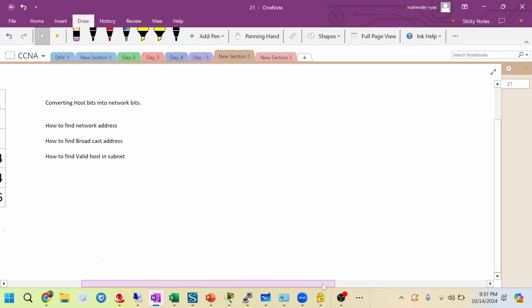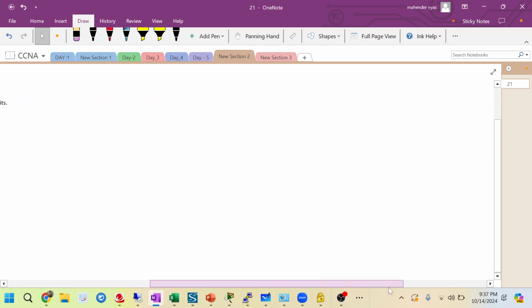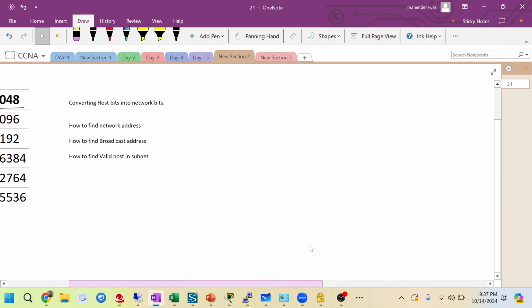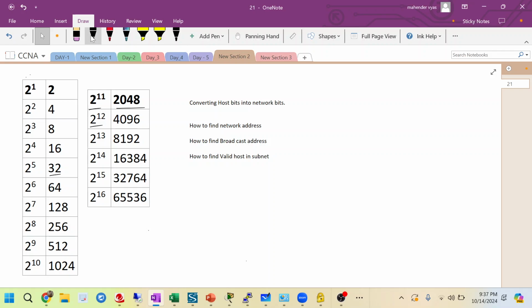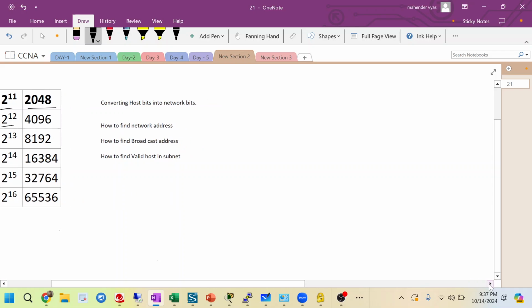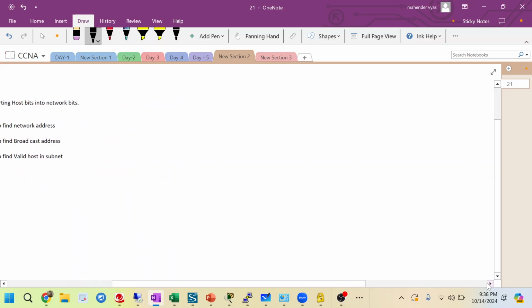Now let's see one example of how to find addresses if we are converting host bits into network bits based on our requirement.